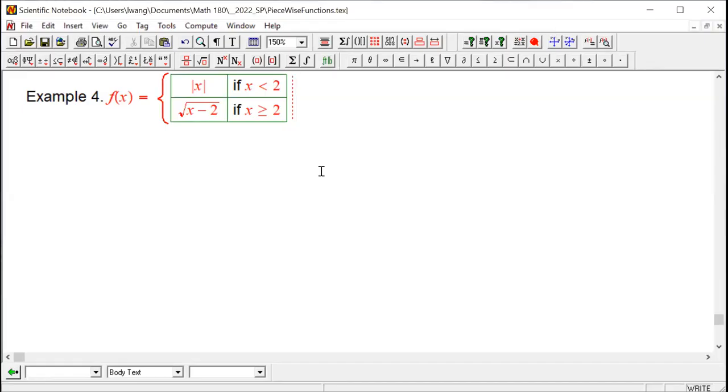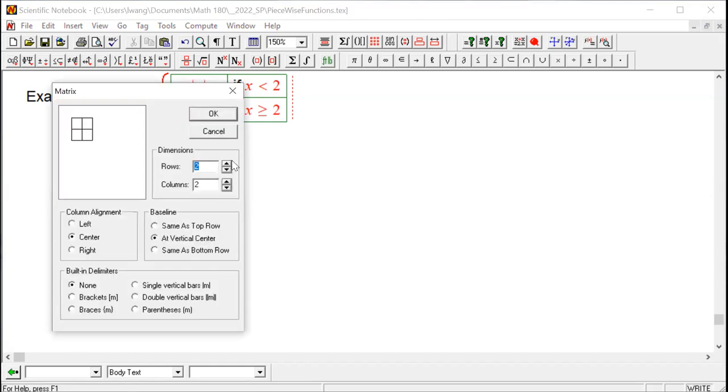We cannot blindly trust any software. We really have to know what we are expecting. The reason I think the previous picture is wrong is because for x less than 2, if we plot some points, we shall get some points. Let me show you why I think it's wrong.